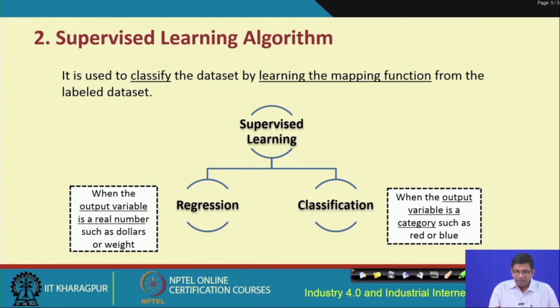One technique is to classify, the other one is to do regression. Classification is when the output variable is a category such as red category or blue category, whereas regression is when the output variable is a real number such as the dollar values or the weight and so on.